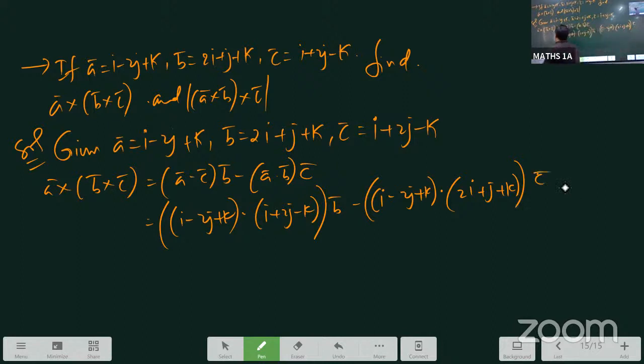Is it clear? That is nothing but 1 minus 4 minus 1 b bar minus 2 minus 2 plus 1 c bar.